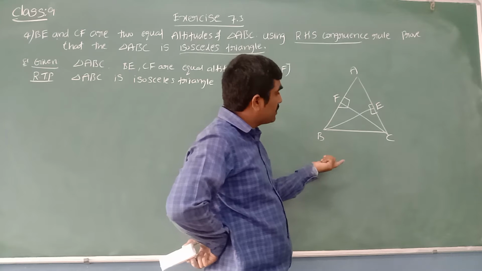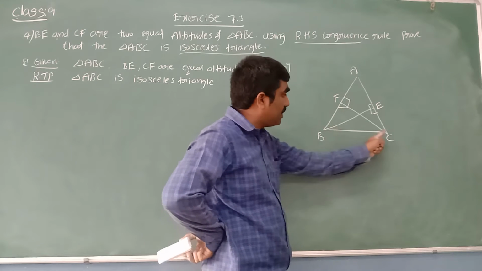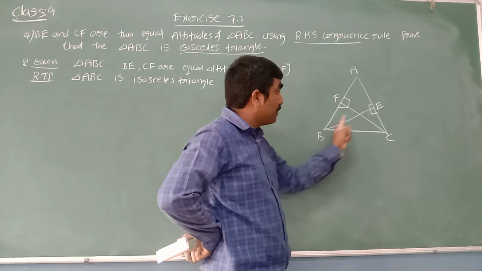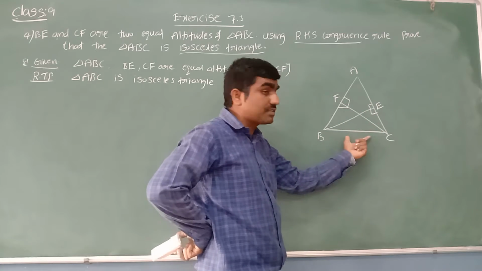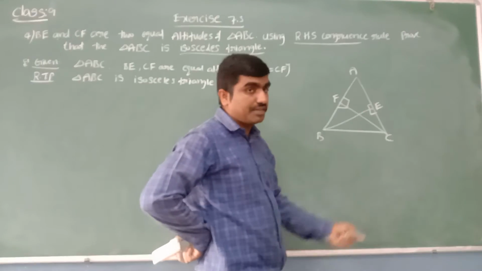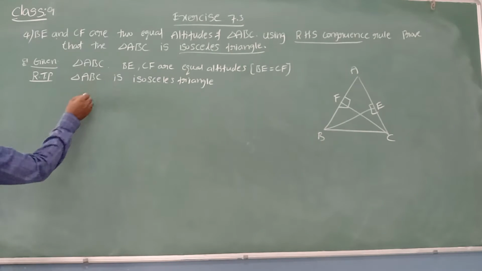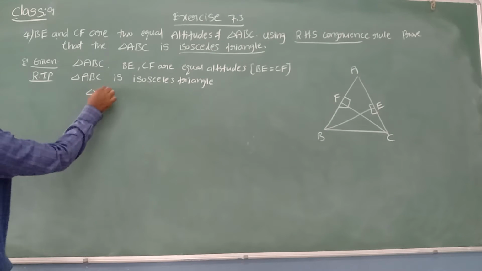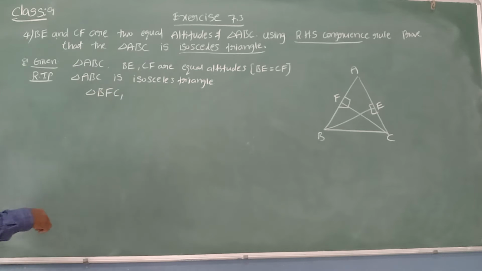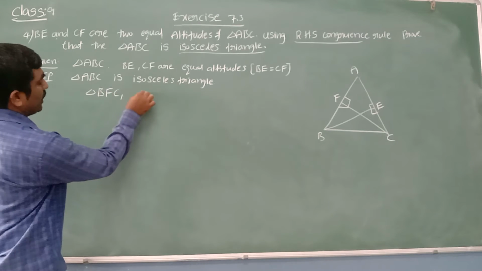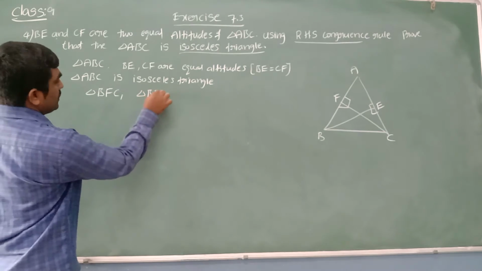In BFC I can see BC as a side, and in BEC I can see BC as a side. BC is common for both triangles. So let me take two triangles: triangle BFC is one triangle, and one more is triangle BEC.